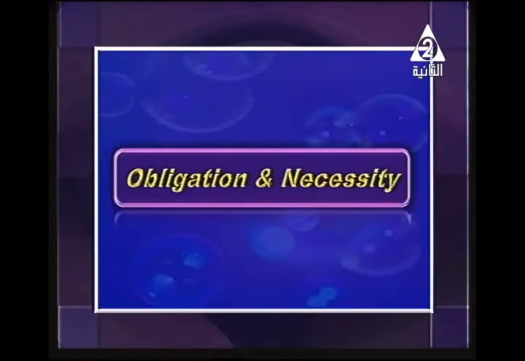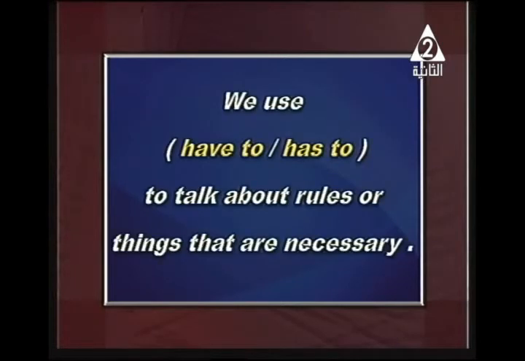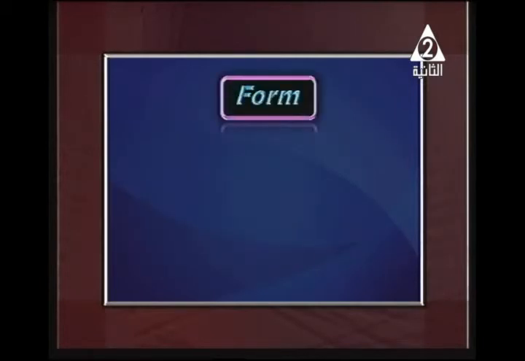Obligation and necessity. We use have to, has to talk about rules or things that are necessary. هقولها مرة تانية. We use have to, has to talk about rules or things that are necessary. Form.